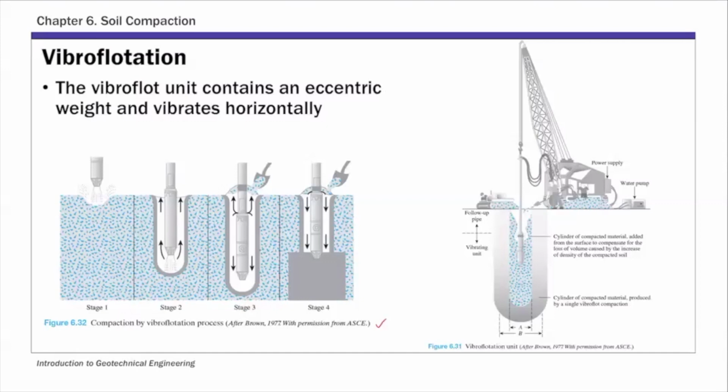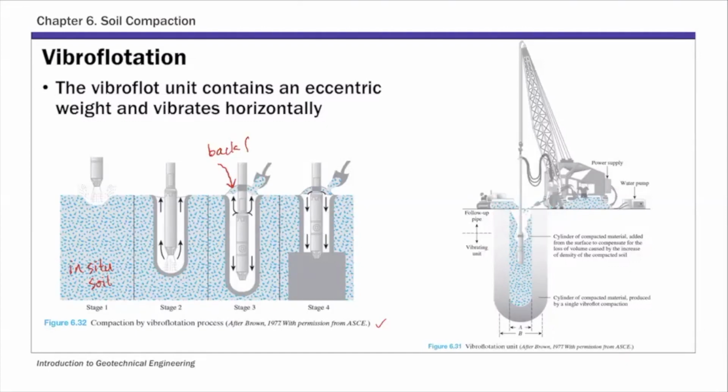So you basically lower this vibrofloat unit, and so there are two types of soils involved. So this is the in situ soil. Okay. So that's the soil you want to compact with this vibroflotation technique. And the second type of soil involved is called the backfill material.